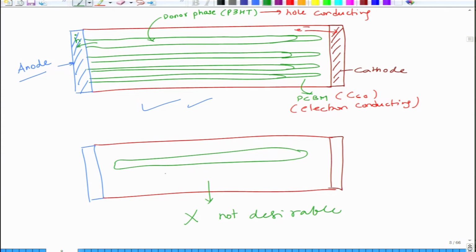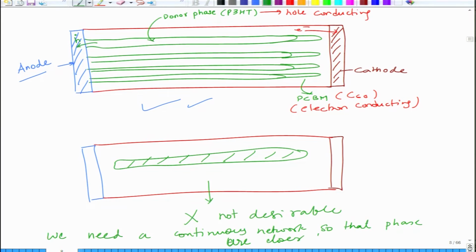We need a continuous network, so that phases are closer to electrodes.